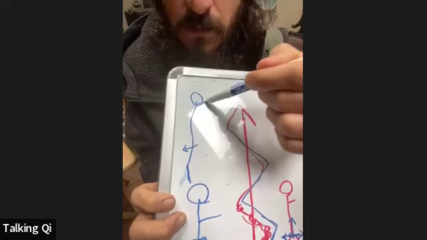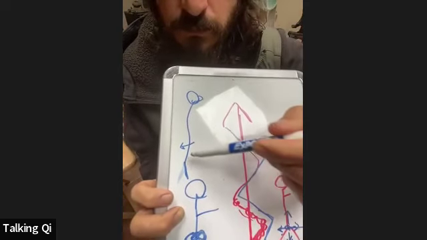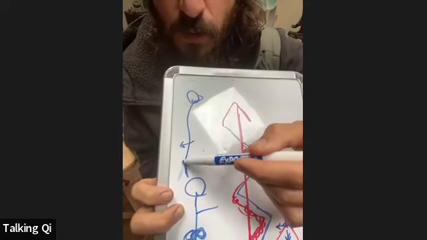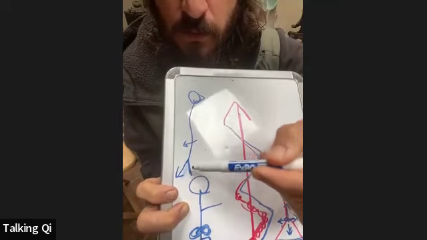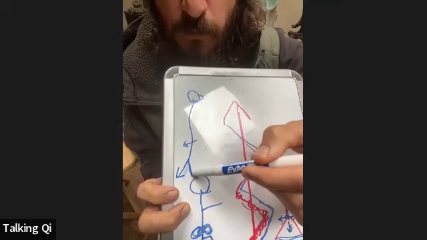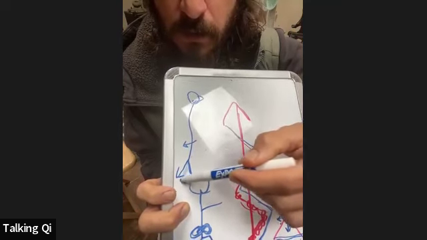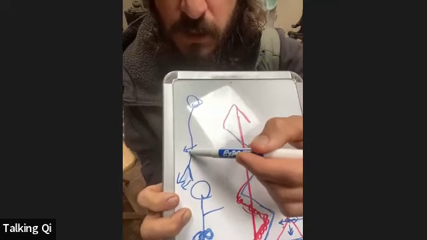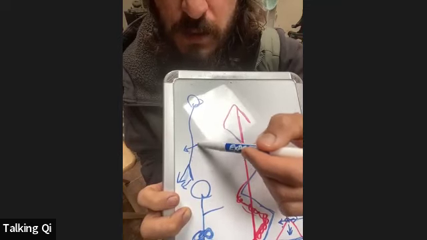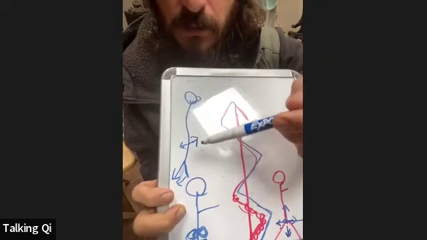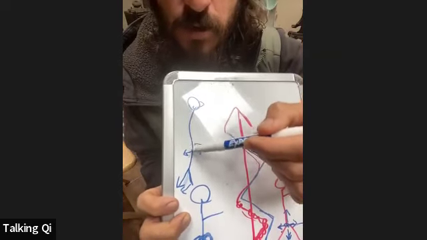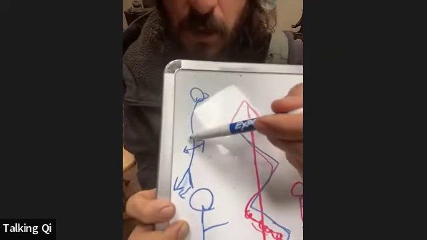Here's the head. And so if the butt sticks out and the pelvis and tailbone go back, then we get this forward motion, and then that gives us the arch in the lower back. That actually supports the arch in the lower back, right?